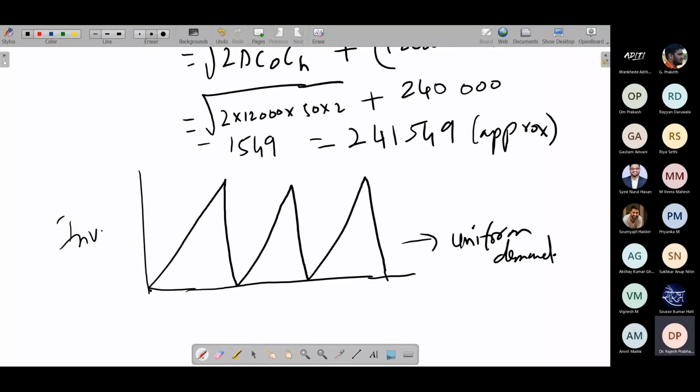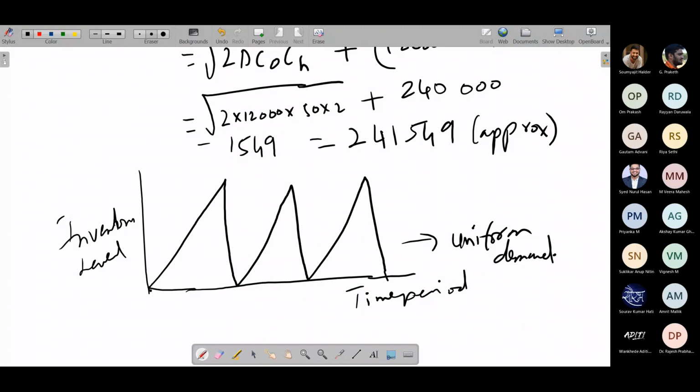This is your inventory level. This is your time period. Okay, should I move forward?